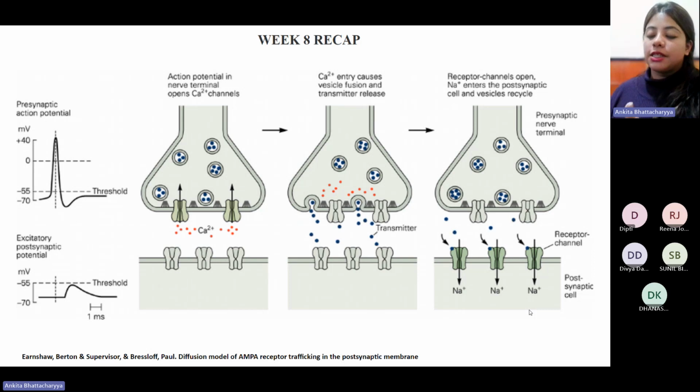So basically what happens is that inside and outside of a cell, there is a difference in the electrochemical gradient. So there is a negative inside state that is maintained within the cell. Now, when there is a sudden shift in this electrochemical gradient or this voltage inside the cell, then that leads to generation of an action potential, because that is a signal.